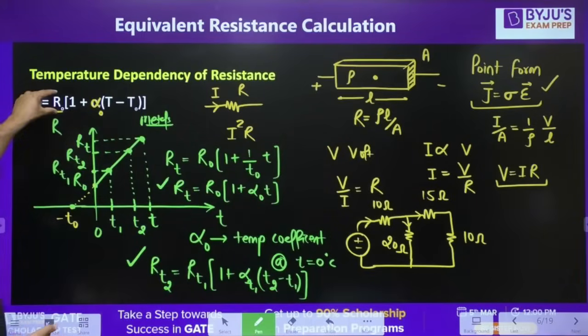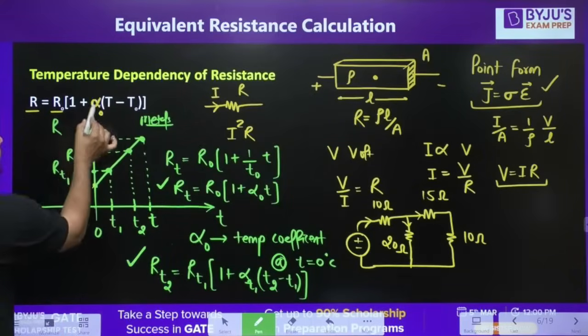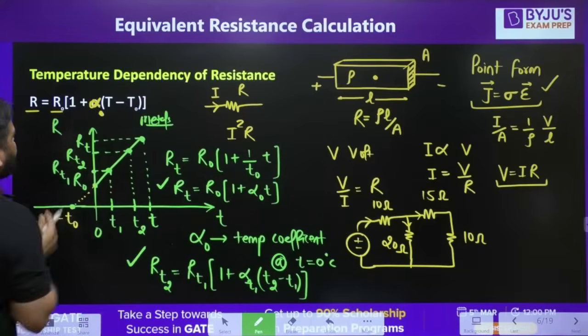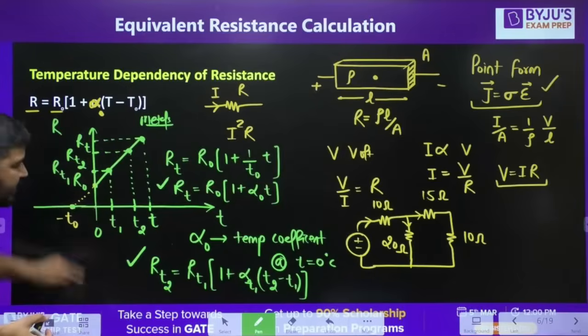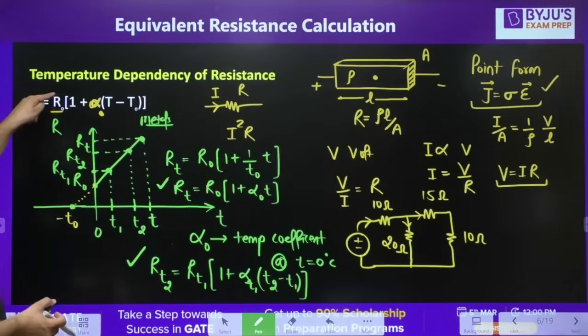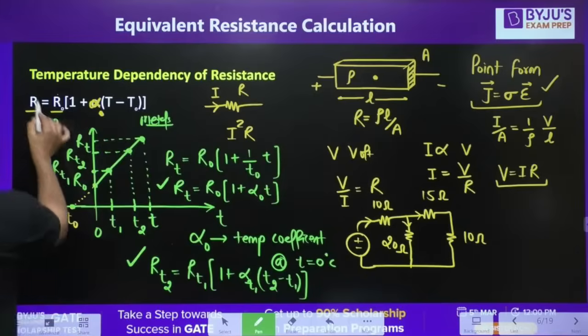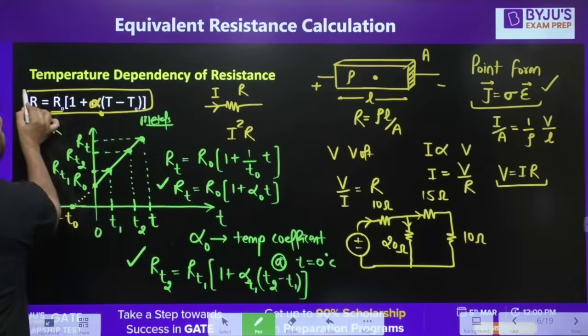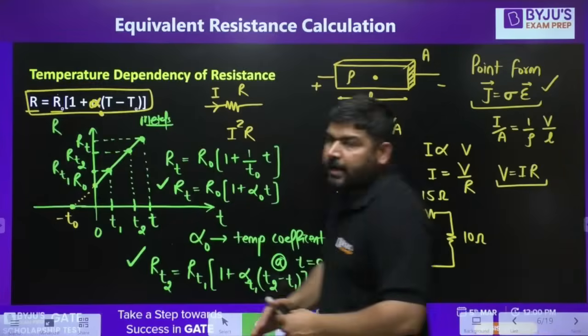R naught resistance is the resistance of the material at temperature T naught. Okay, is it clear guys? So please be careful. And this R naught and this R naught are not the same. This R naught is at temperature 0 degree centigrade, but this R naught is the resistance at T naught temperature. So you have to be careful while applying this relation.